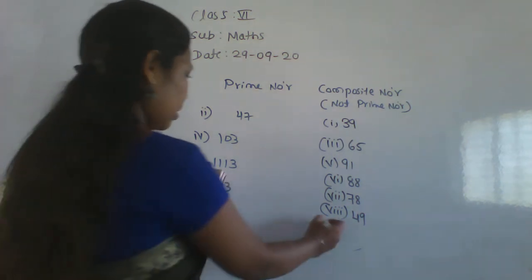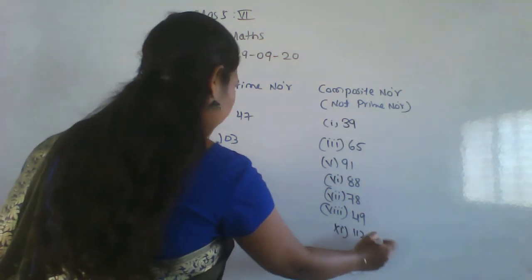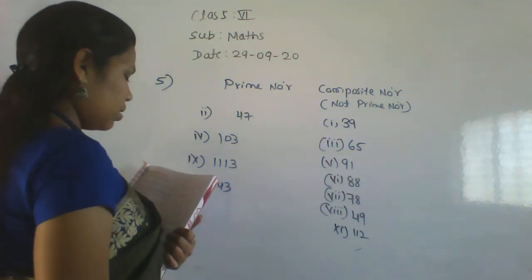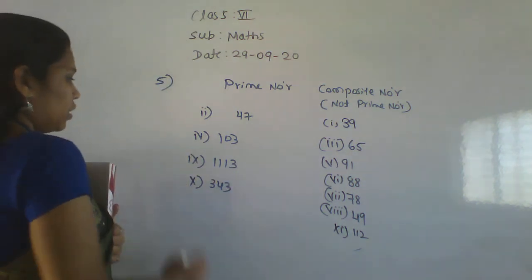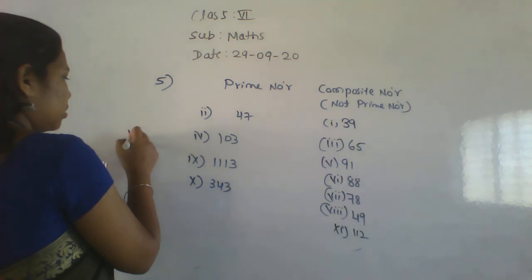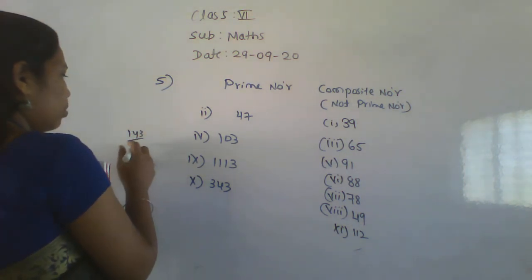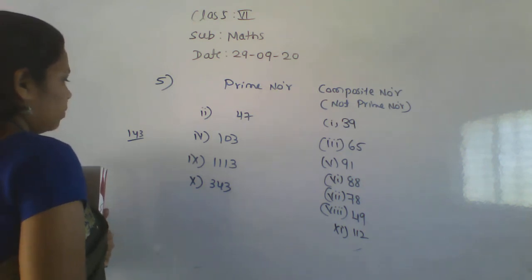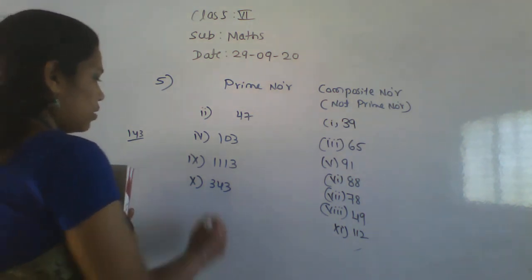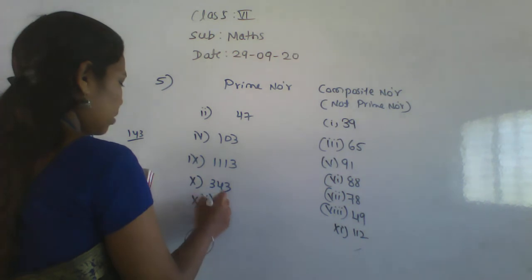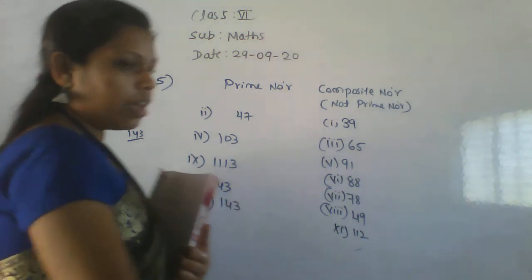Next, 112 is a composite number. Next, 143. 143 is not divisible by 3. 6 also not. And 7 also not. Yes, 143 is also a prime number.